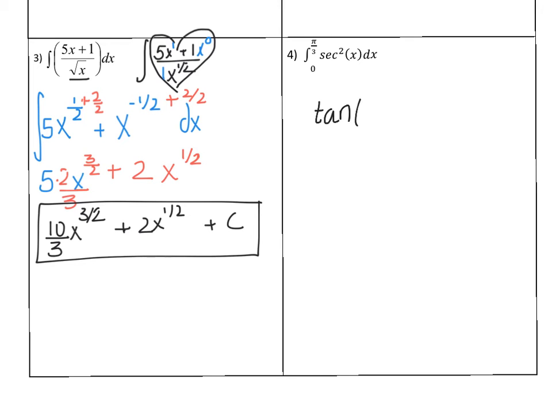So we want to take tangent and evaluate it from 0 to pi over 3. So if we use the same mentality that we did in problem number 1, we need to take tangent of the top of pi over 3 and subtract it from the bottom, which is tangent of 0.